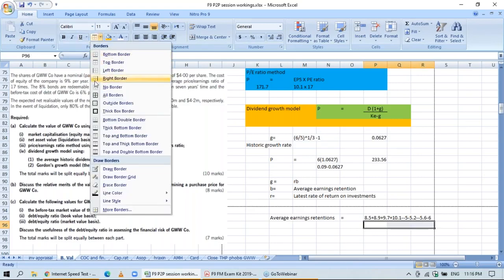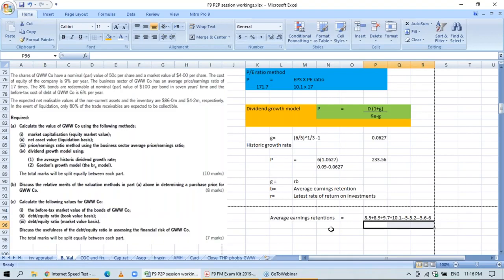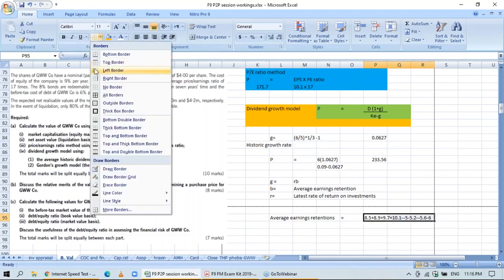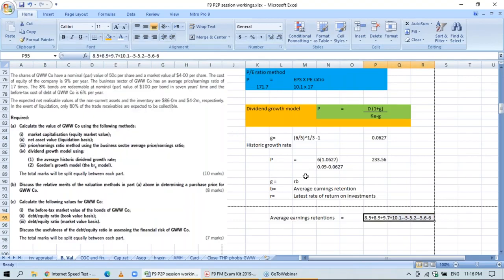Retention rate means percentage of profit retained. Like if you earn 100 rupees profit and you pay 40 out of it, so 60% is the retention. How did you get it? 60 divided by 100 gives you 60%. So the retained profits divided by the total profits earned, which is 8.5 plus 8.9 plus 9.7 and 10.1.